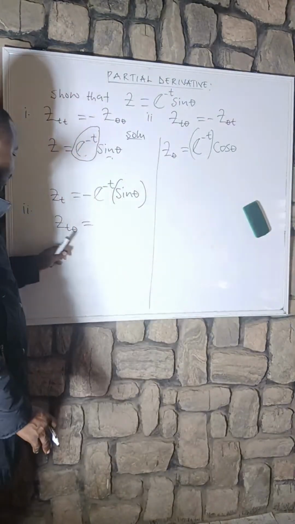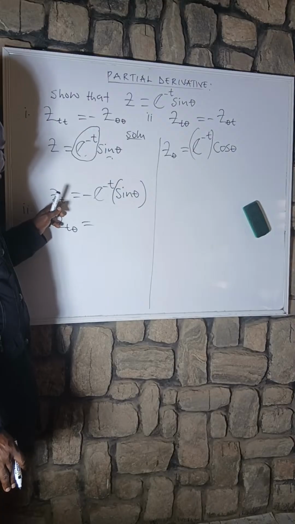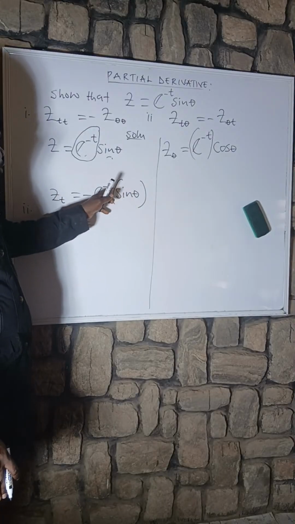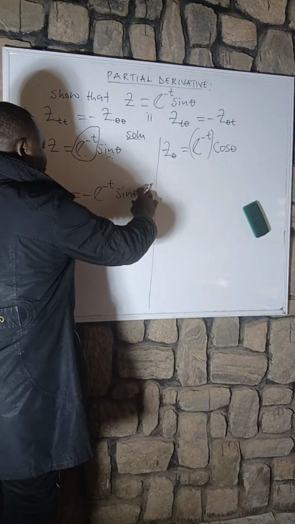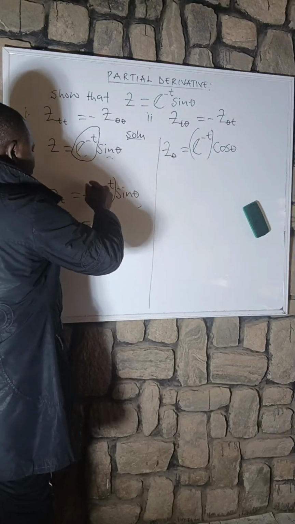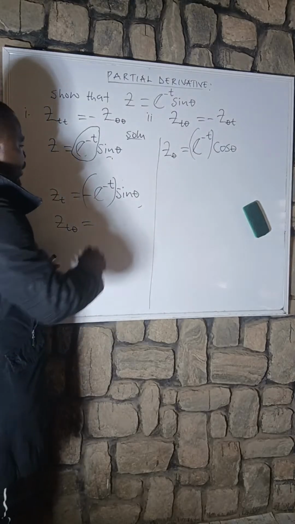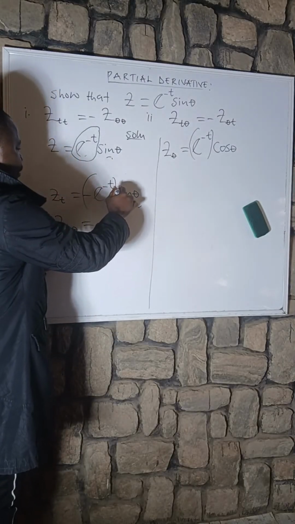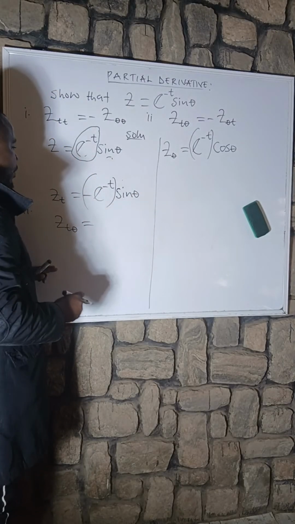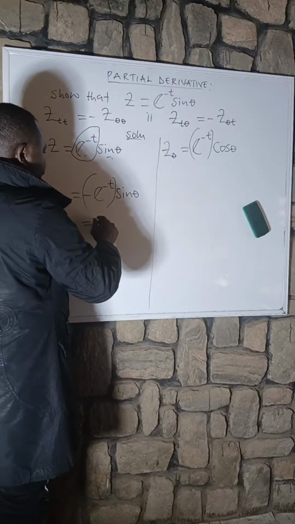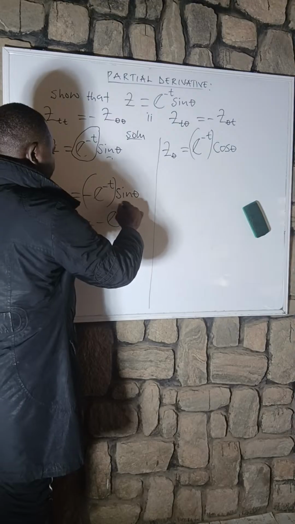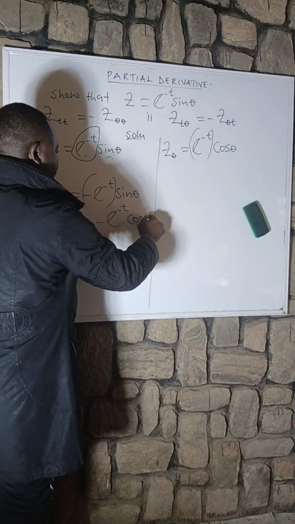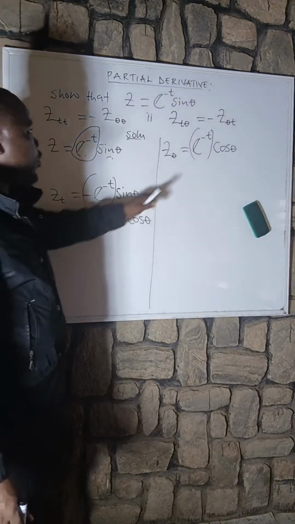That's the meaning of this. Differentiate this function with respect to theta. So you hold this one constant. Amen? This is what you are going to hold. Then differentiate sine theta. We are going to have minus exponential minus t cos theta. Right?